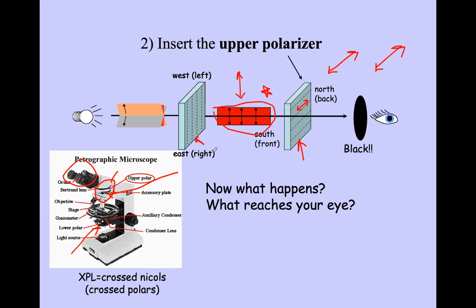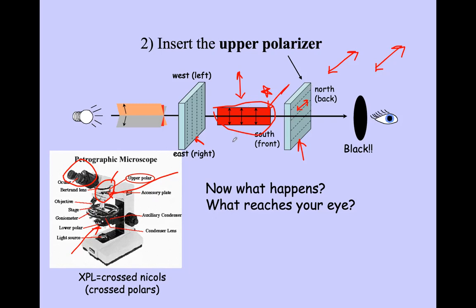So what happens? Your light vibration direction is east-west, but the upper polarizer allows only light with a north-south vibration direction to pass. So this light with east-west vibration will be cut by the upper polarizer.